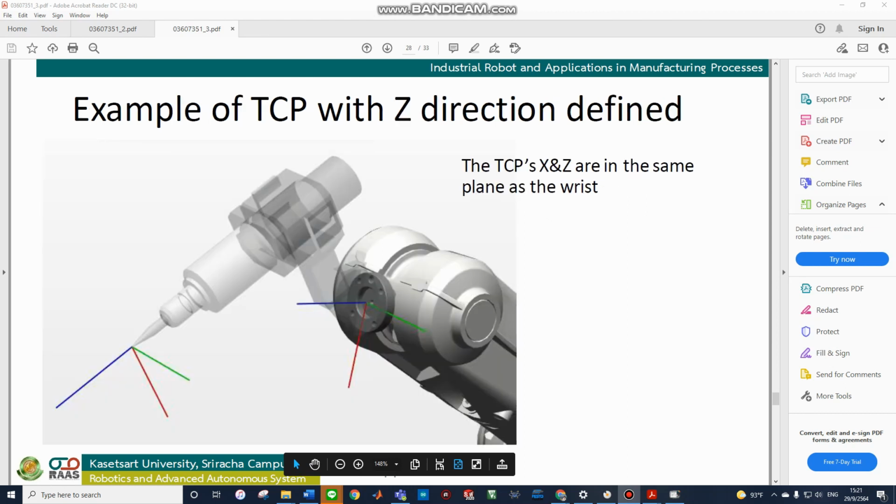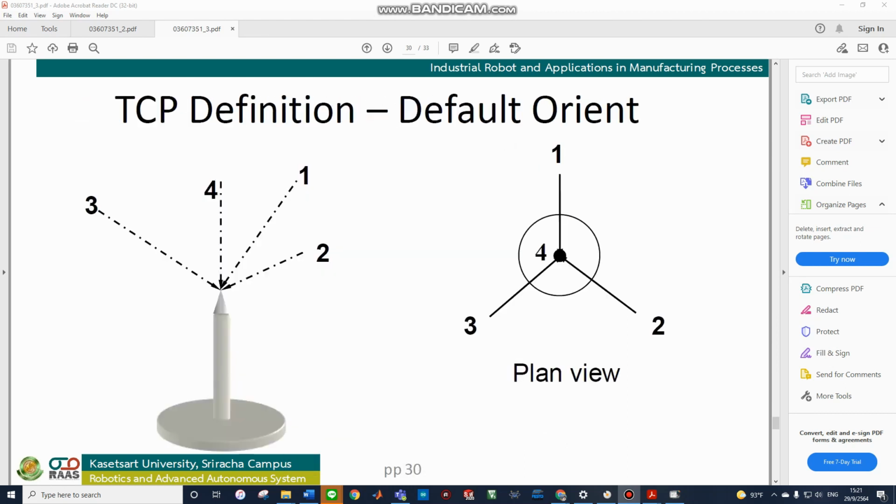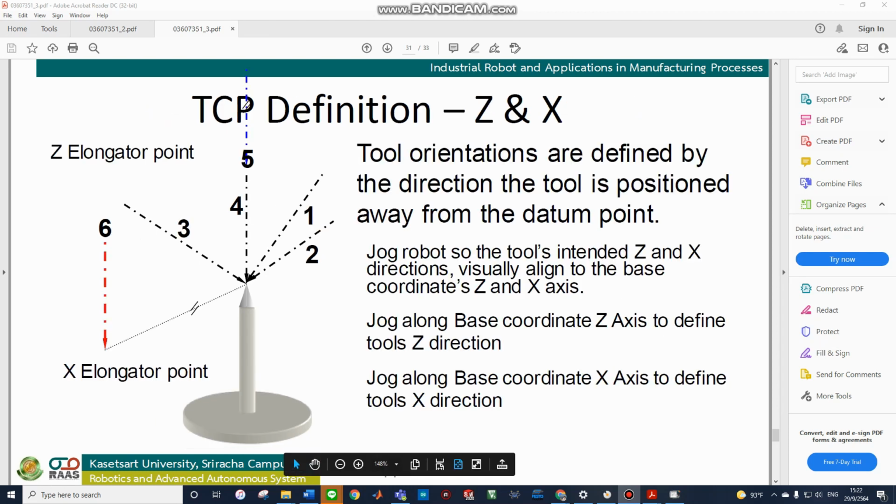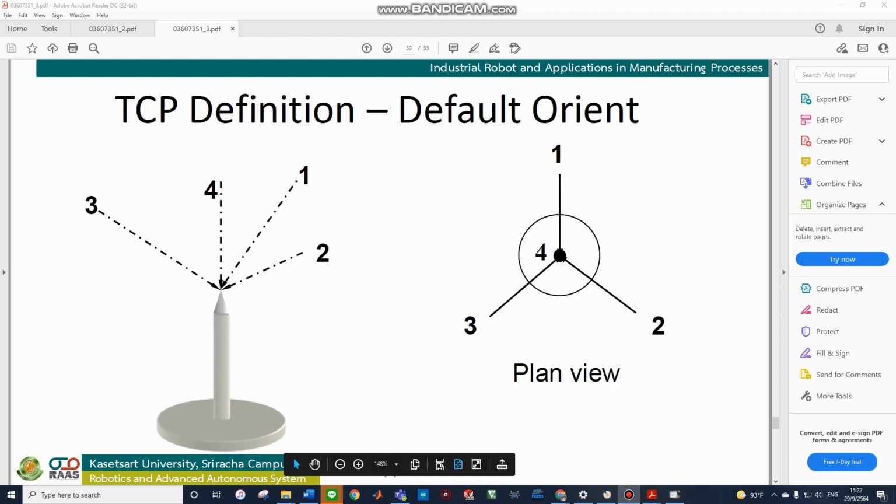Simple TCP. About TCP, I will show you TCP definitions. It has 1, 2, 3, 4 axes.